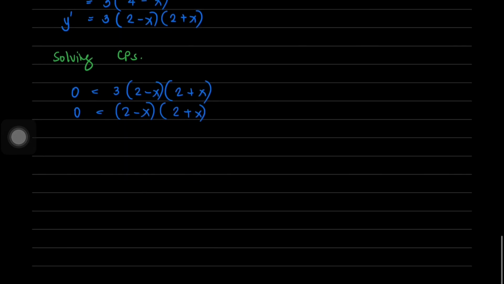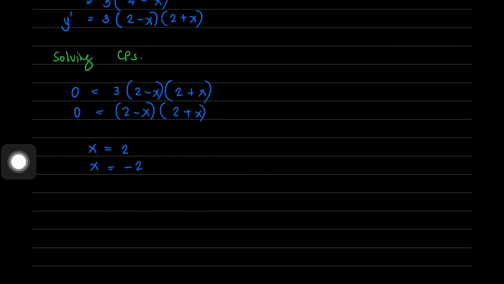Thus, the roots of this equation are x equals 2 from this factor, and x equals negative 2 from this factor. Because if we equate 2 minus x equals 0, that gives us x equals positive 2, and if we equate 2 plus x equals 0, that gives us x equals negative 2. So these are the x coordinates of the critical points.